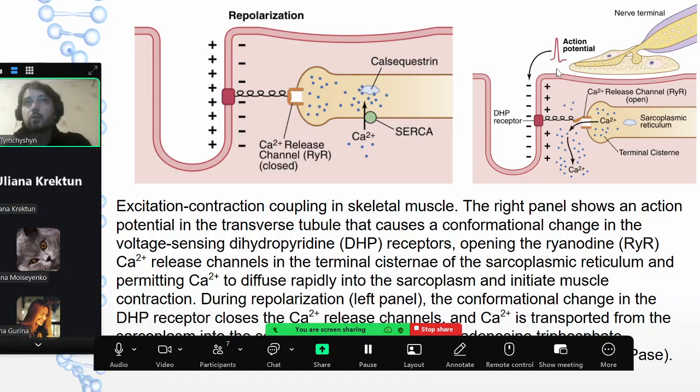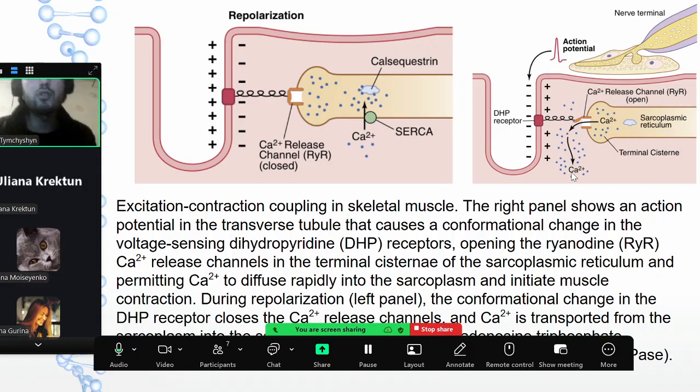You get an action potential. The DHP receptor acts. It is connected to the ryanodine receptor. The channel is open, and now calcium ions are free to go from the sarcoplasmic reticulum into the cytoplasm.